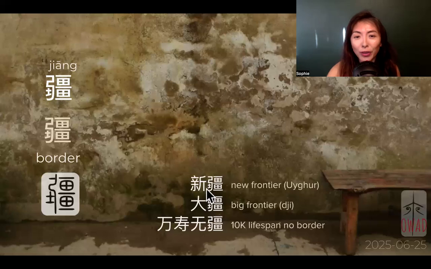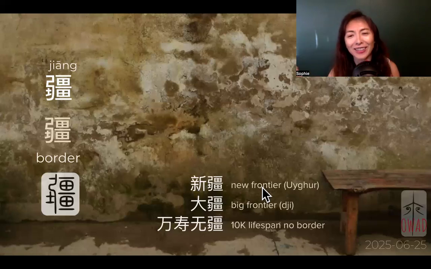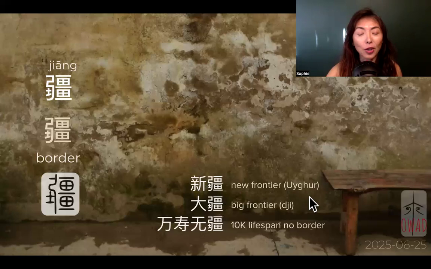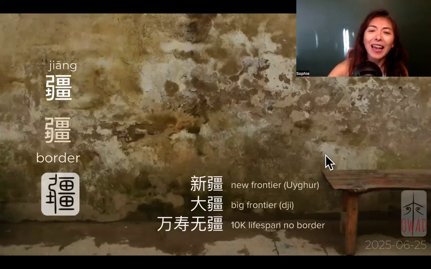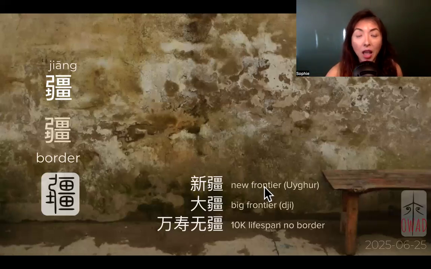So now a few interesting expressions. 新疆, new border, or you could call it new frontier in Chinese. Actually, it's the Uyghur region that's so much in the news in the West. When I was in China, it was not really something in the public discussion, not in our dialogue about what was happening in Xinjiang.